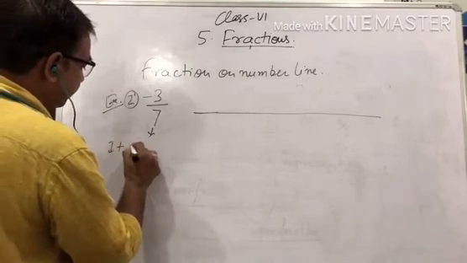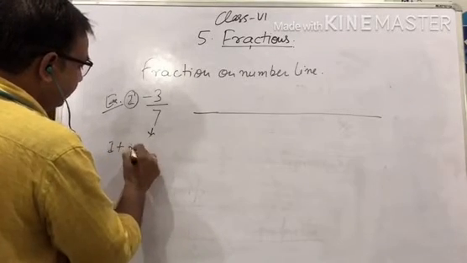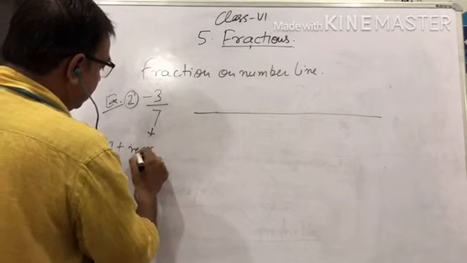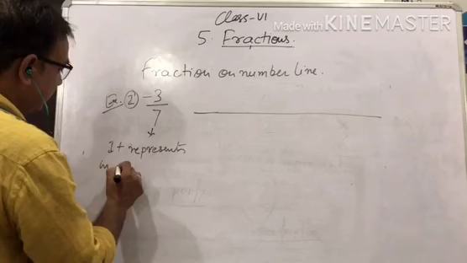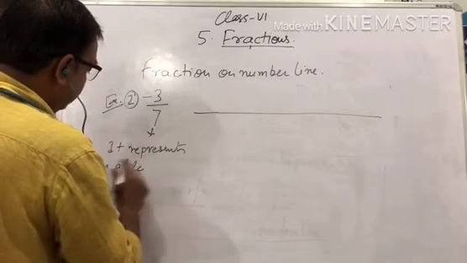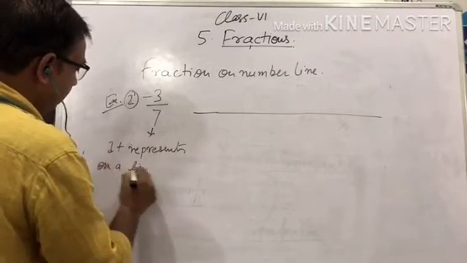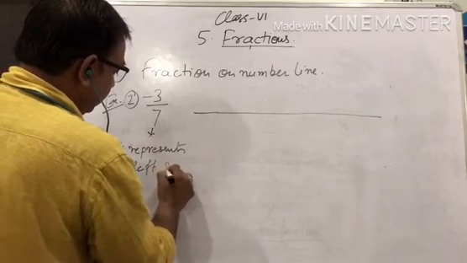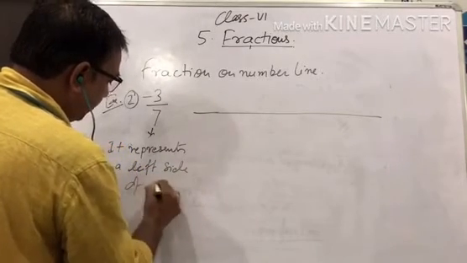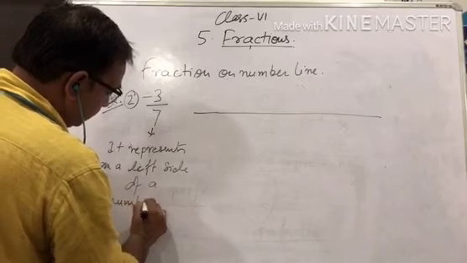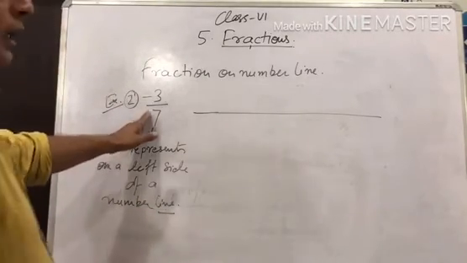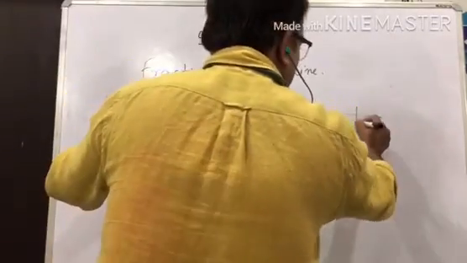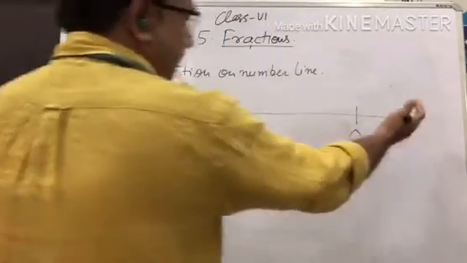Minus 3 upon 7 is represented on the left side of a number line. Now this is minus 3 upon 7, so we put 0 at the right end.